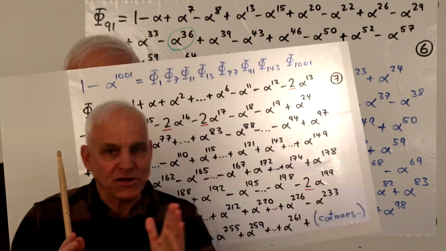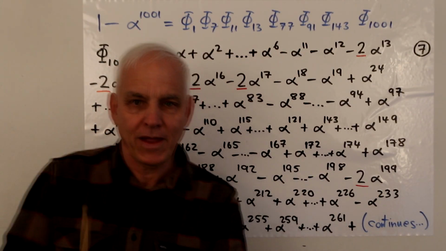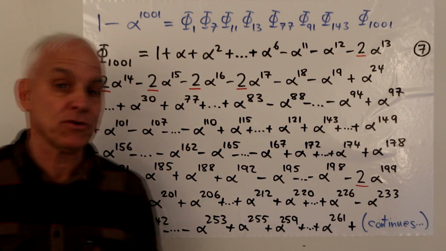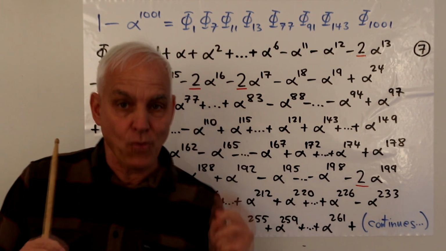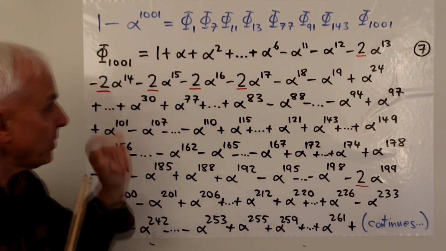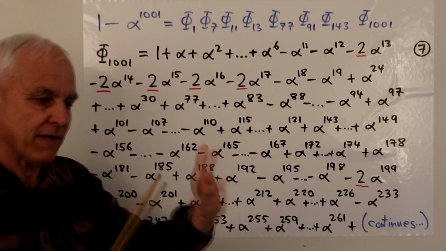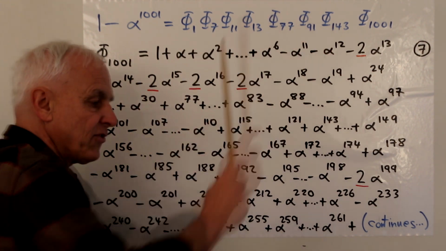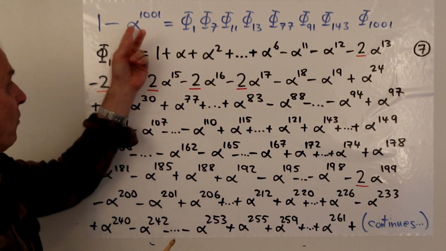Great, so now we're ready to tackle phi sub 1001. So I remind you that that really comes about by trying to factor the expression 1 minus alpha to the 1001. And we know that that's going to factor, at least if we have learned about cyclotomic polynumbers, as a product of the cyclotomic polynumbers, 1 for every divisor of 1001.